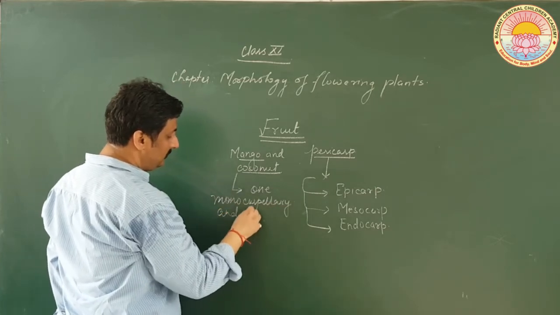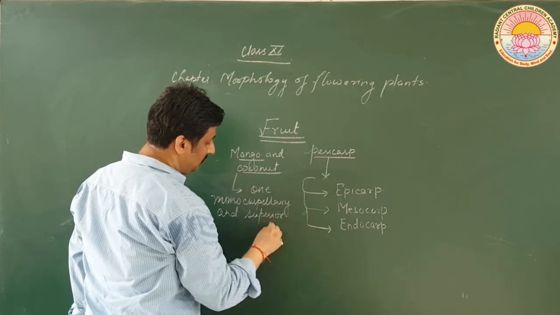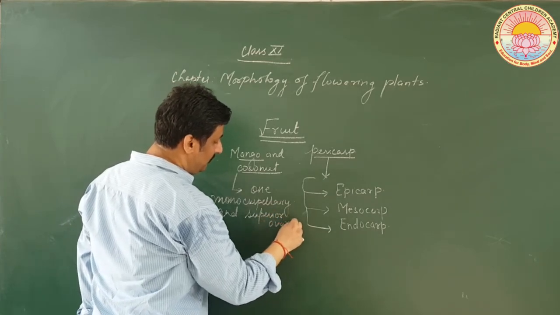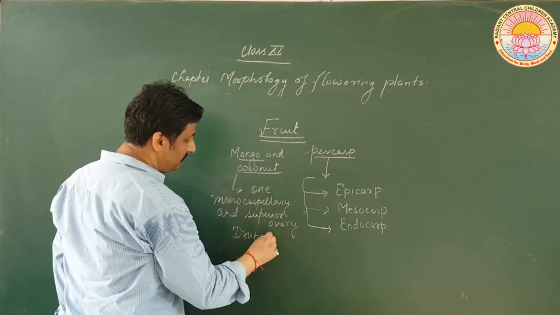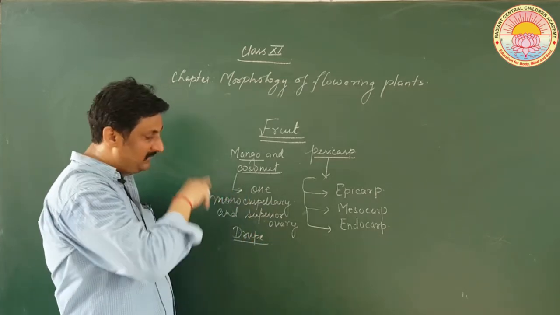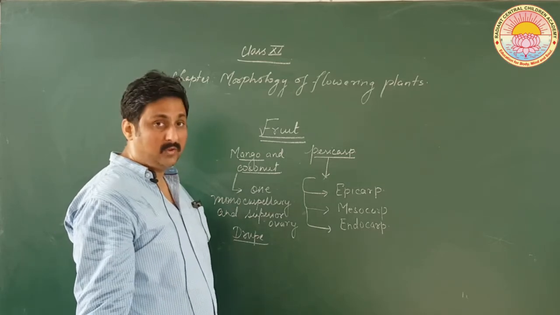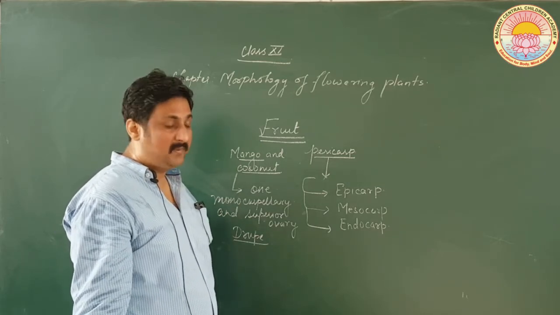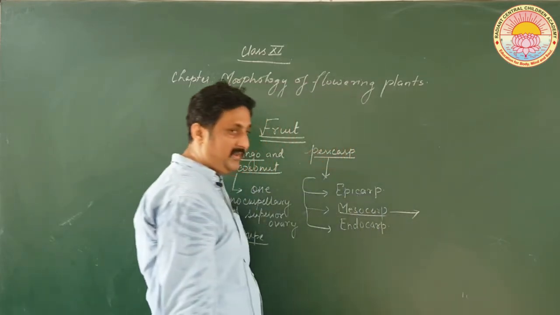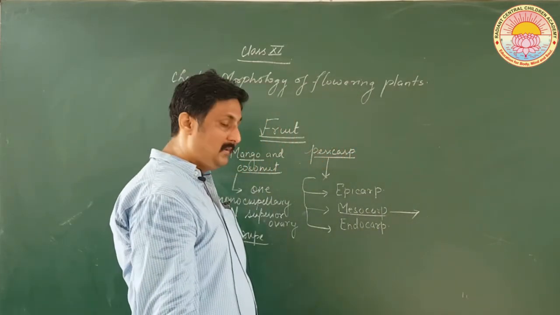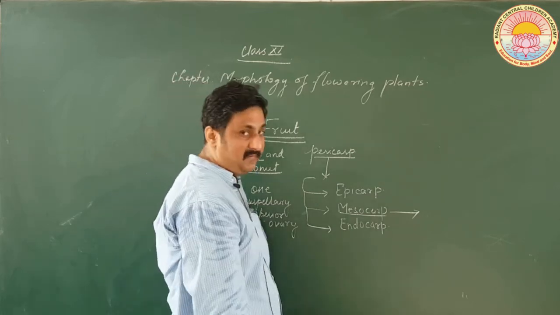Both of these are examples of drupe. Now in case of mango, the mesocarp is the part which is eatable as such, but the same part in coconut is fibrous.